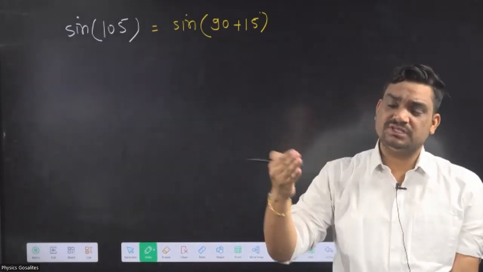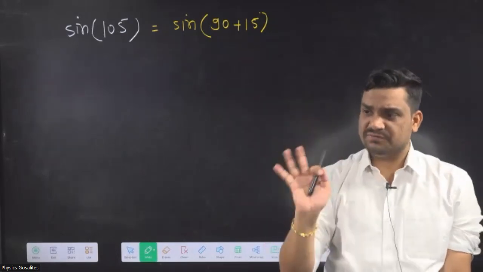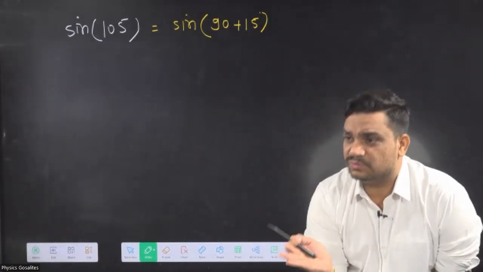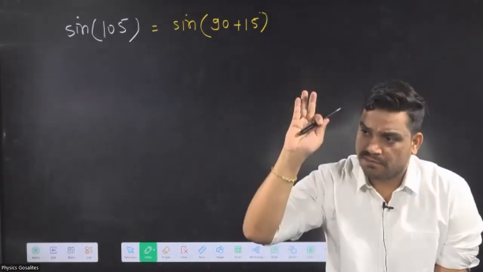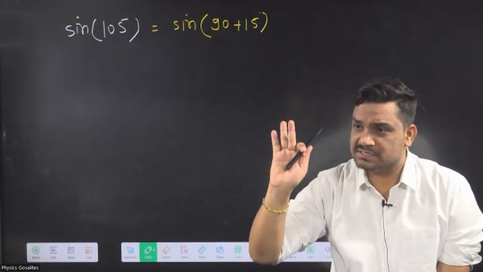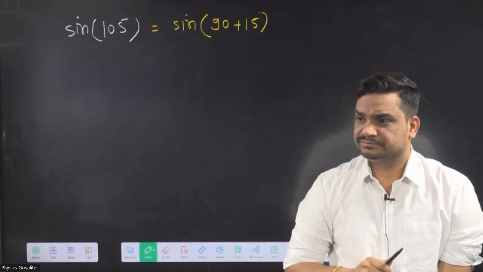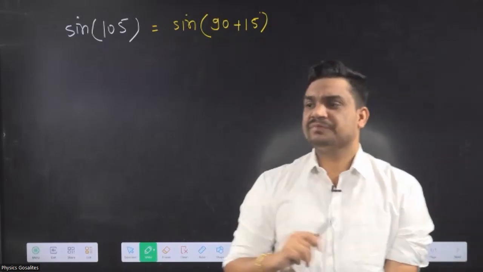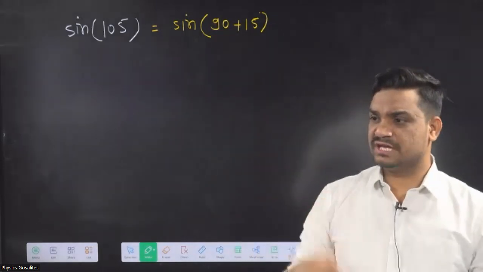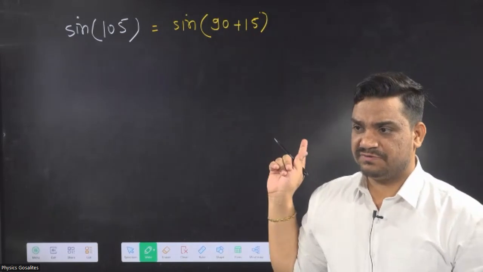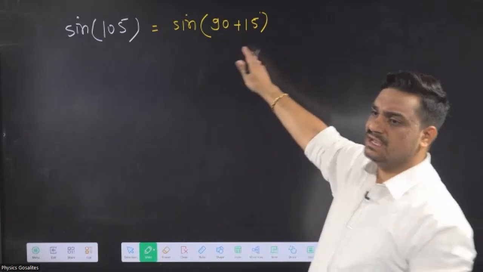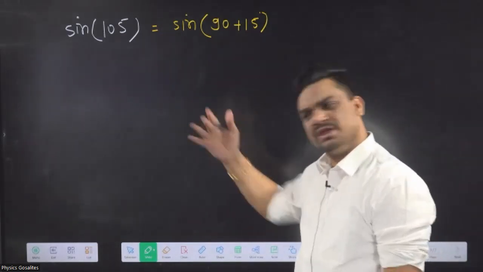Otherwise, 60 plus 45 is also an option. Which method are you using? Some are saying 60 plus 45, some are saying this one. No problem, both are the same. We will get the answer.